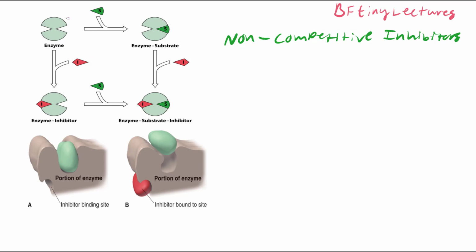So in one portion, the substrate is going to go into the active site and carry out the reaction as normal. But sometimes the enzyme reacts with the inhibitor first, and then the substrate goes into the other active site.